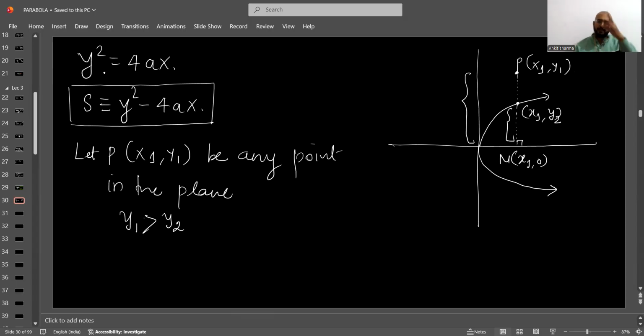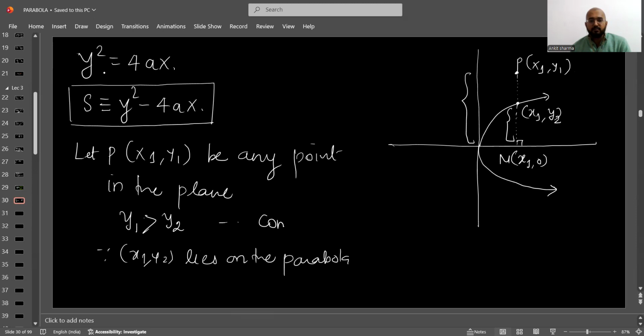So we have just taken the perpendicular, and I want to find out what this y2 is. Since x1 comma y2 lies on the parabola, y1 is more than y2 is common sense. It's visible.